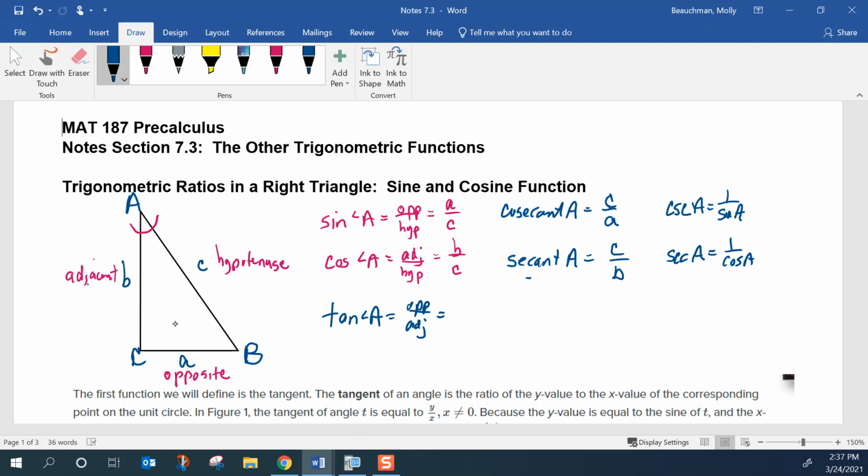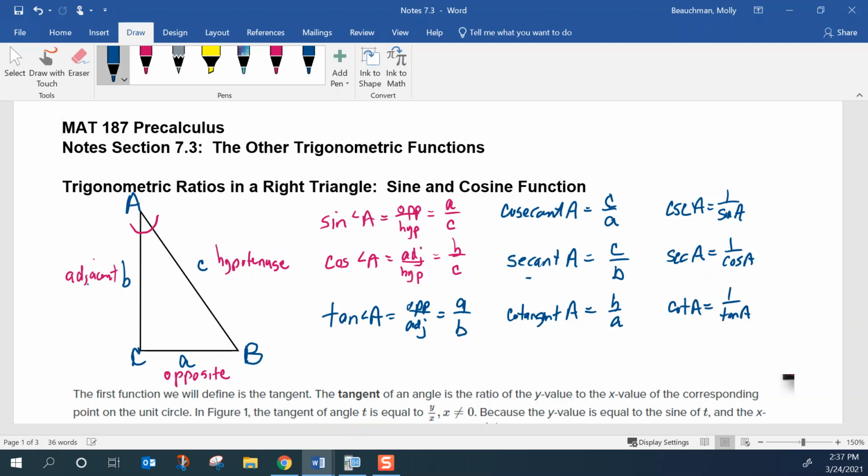So tangent would be opposite, which is a, over adjacent, which is b. Then the reciprocal of the tangent is called the cotangent. So the cotangent of the angle would be the reciprocal, b over a. The notation is cotangent A would be 1 over the tangent.